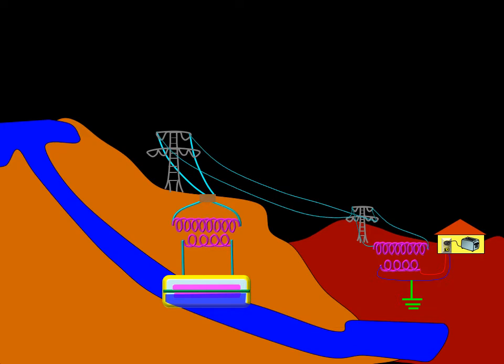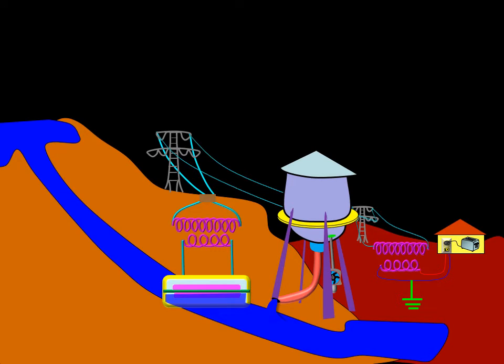Here I added a power plant delivering electricity to the little house representing a hospital. This is the same drawing I so often use when talking about electrical safety. I have added a water tank that is dropping water into the river.